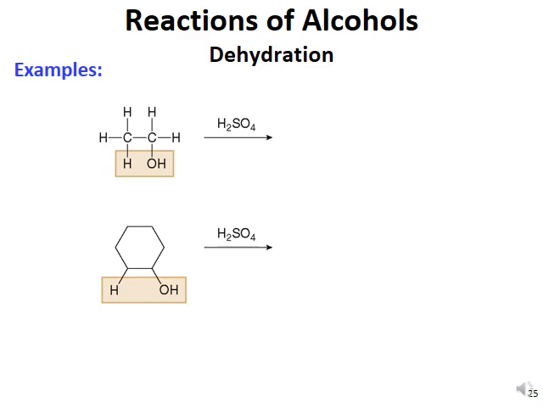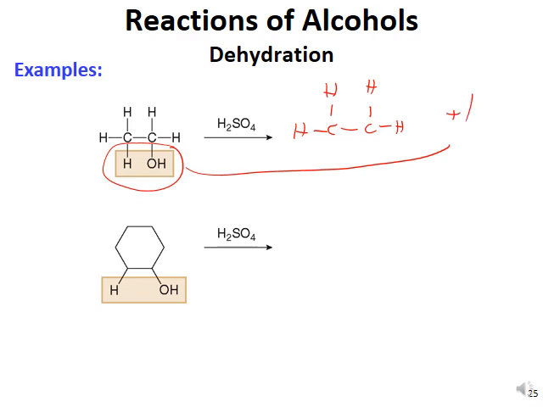The water leaves this ethanol, this H, that one carbon bond, and that other H aren't changed at all. When we remove the water, what's left is a double bond between the two carbons. Let's try this again.